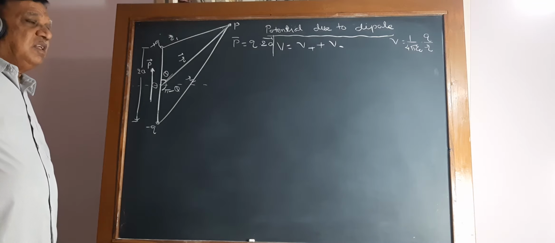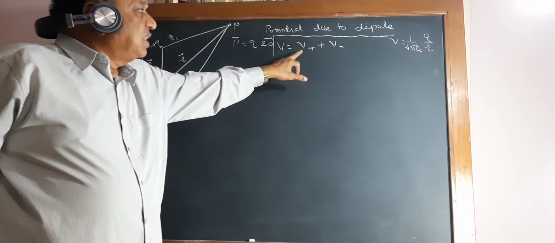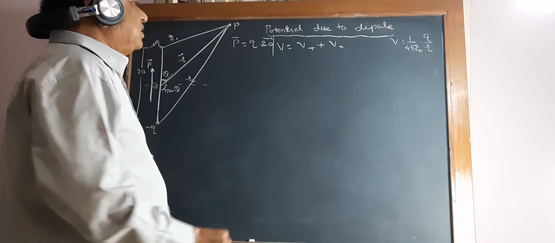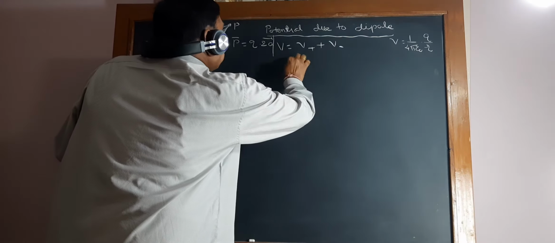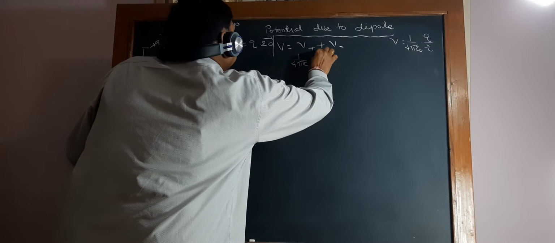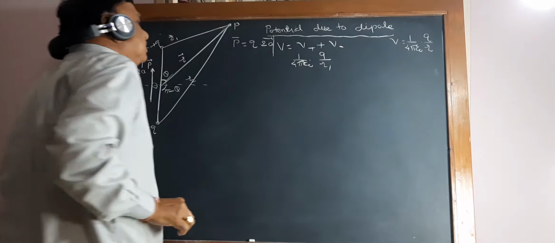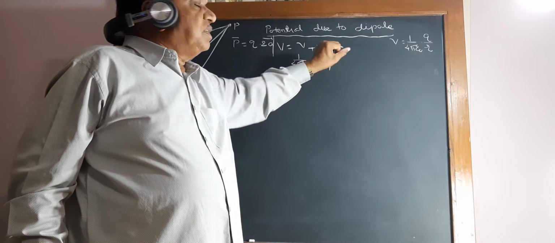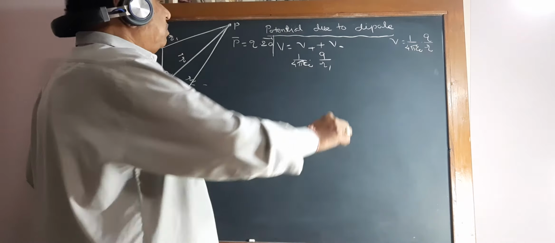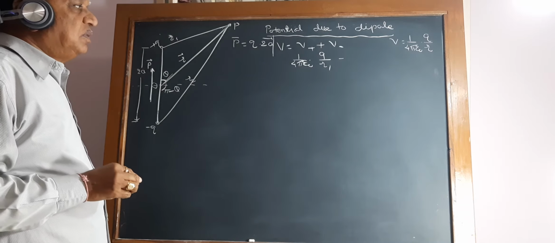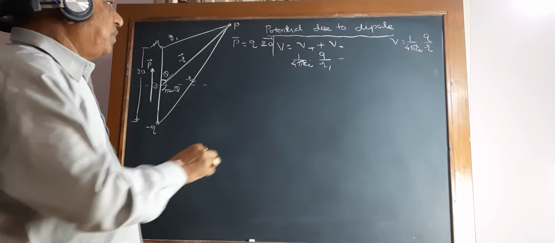According to point charge, V plus is nothing but 1 upon 4 pi epsilon 0 Q by R1, plus V minus, which means minus 1 upon 4 pi epsilon 0 Q by R2.